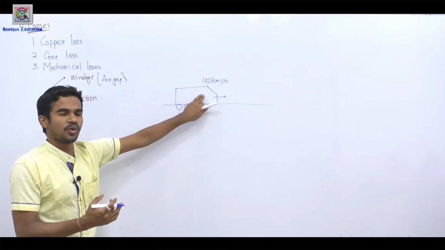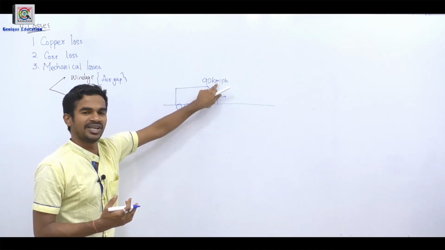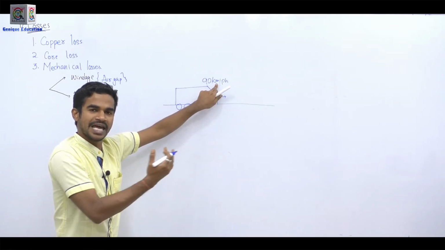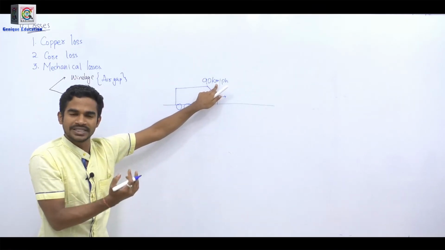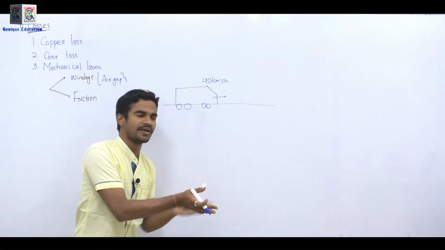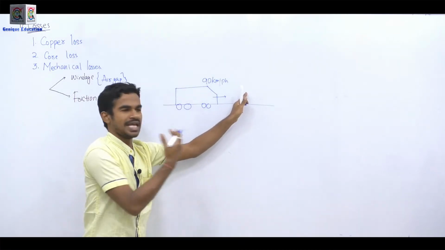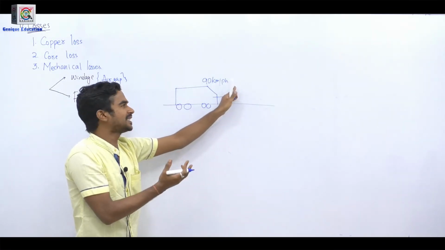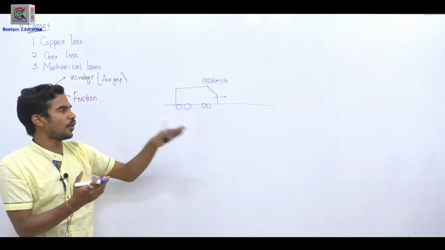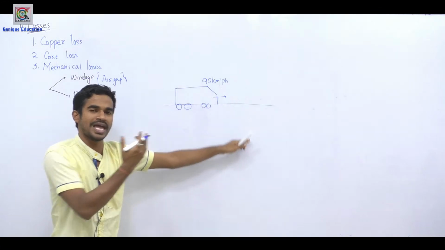So it has to overcome the air opposition. Obviously air will oppose it, and some amount of power will be lost due to air opposition.